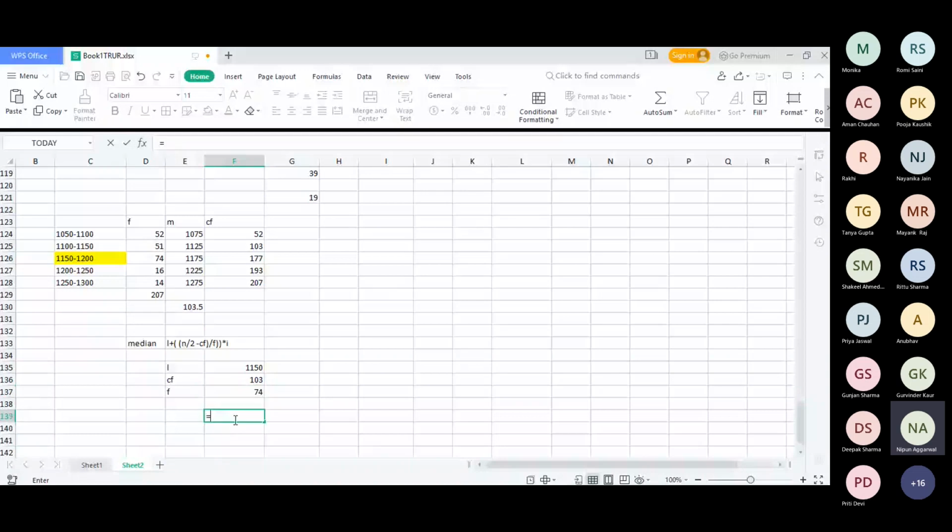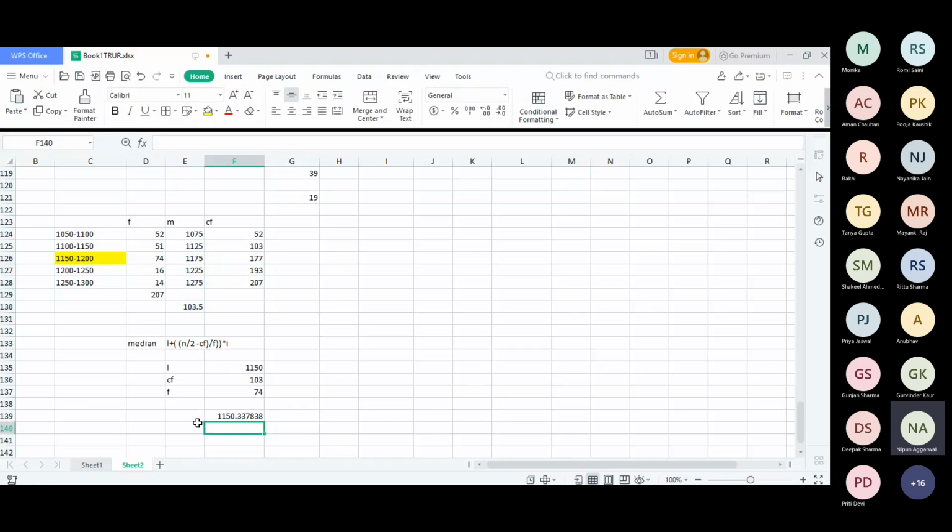So median is equal to L, the lower limit of the median class, that is 1150, plus n by 2, which is 103.5, minus CF, the cumulative frequency of the class above, that is 103, divided by the frequency of the same class, which is 74, and whole multiplied by I, the class interval, which is 50 here.